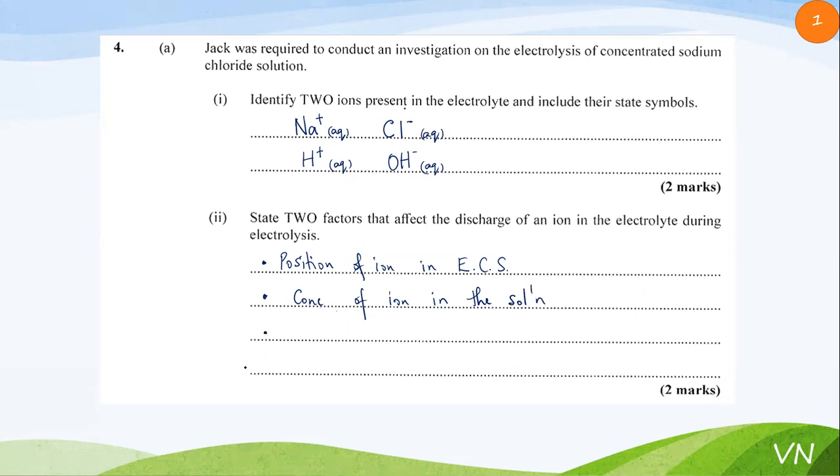And third, it can also be the type or the nature of the electrode. All right, so any 2 of these here will give you 2 marks.